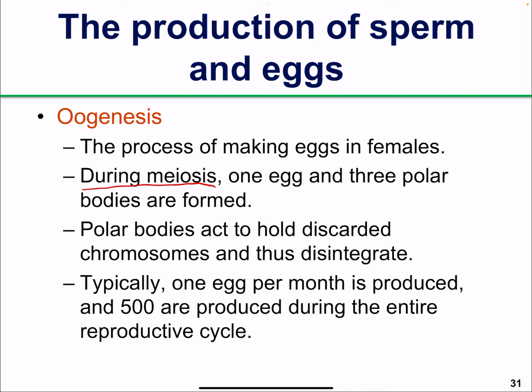These three polar bodies are only there to store the genetic information that needs to be discarded. Only one egg cell can move on to be fertilized, right? The polar bodies are discarded. Now, typically, one egg is released per month, right? About 500 eggs are going to be produced through the entire life of a lady during the reproductive cycle.